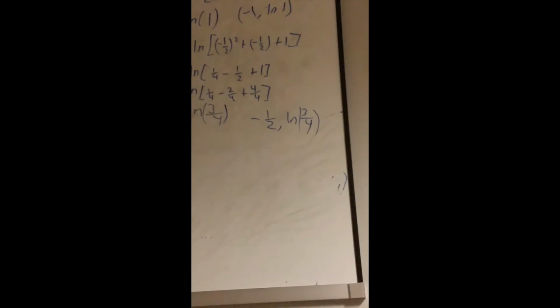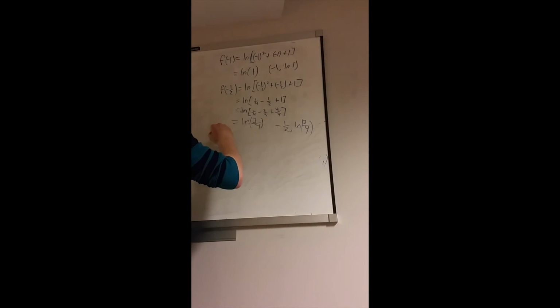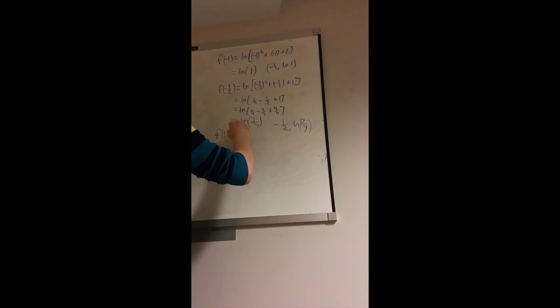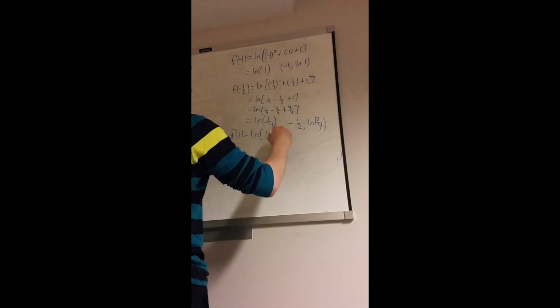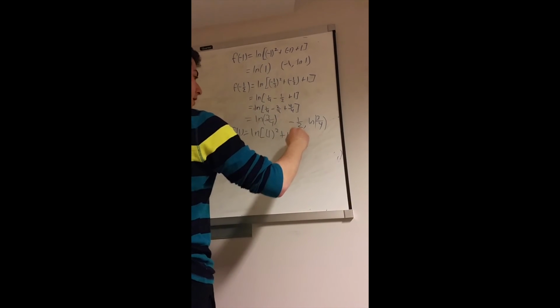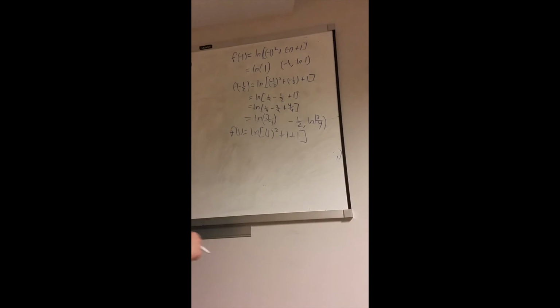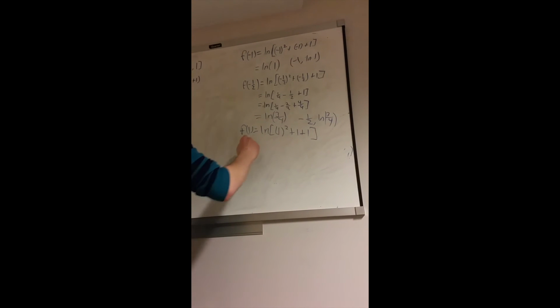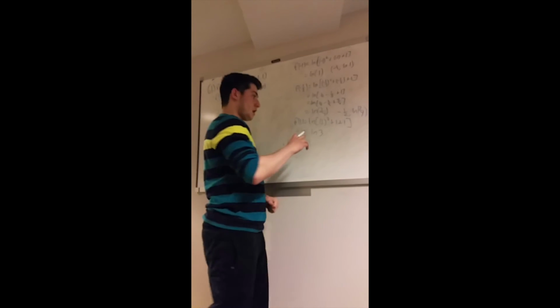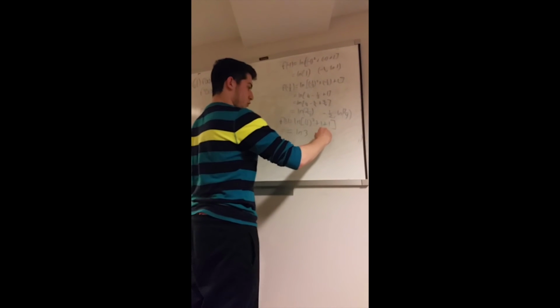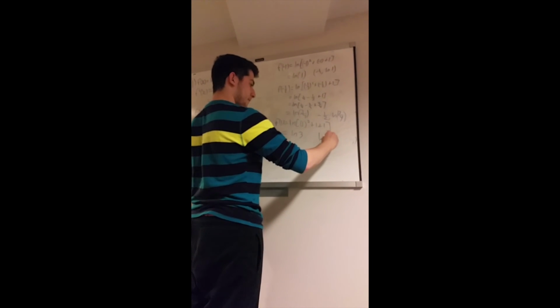And then we're going to plug in our last value, 1. f of 1 is equal to ln square bracket 1 squared plus 1 plus 1. So that's going to be equal to ln of 3. Alright, so our point here is 1 and ln 3.